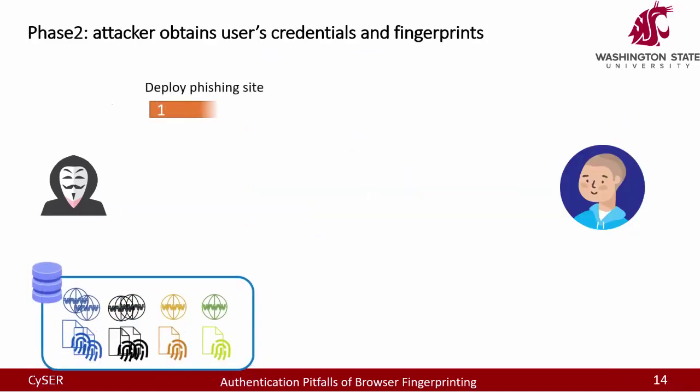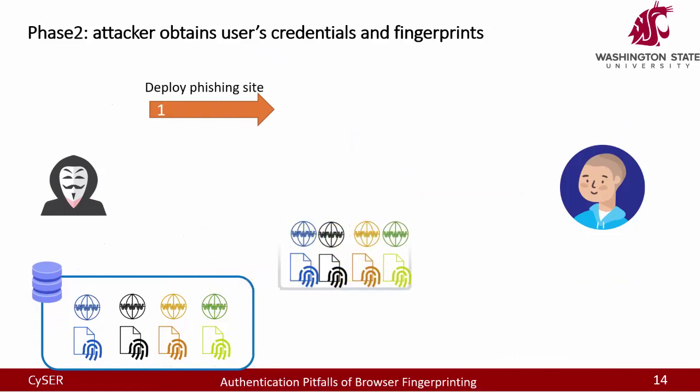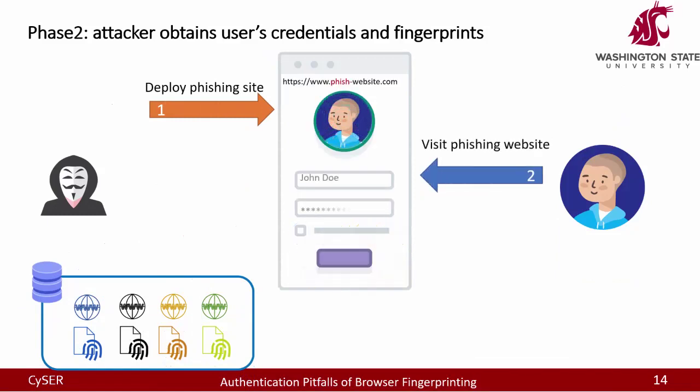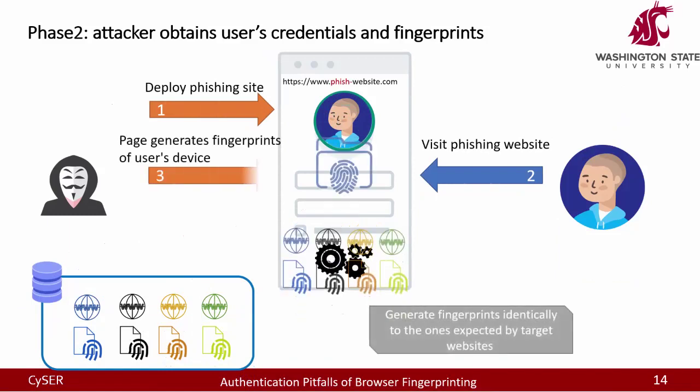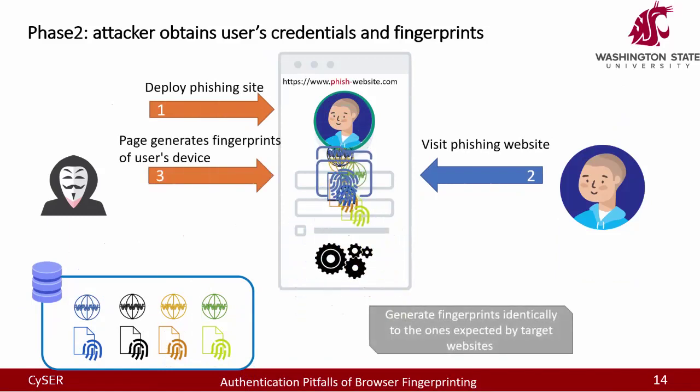Next, the attacker has this phishing website and tricks the user into visiting it. At this stage, the attacker has the user's credentials and also, more importantly, the user's fingerprints.